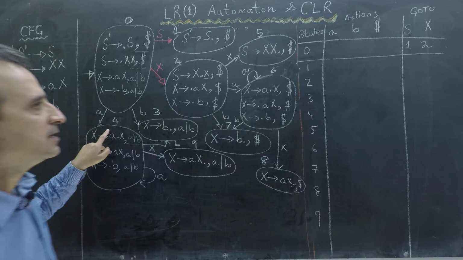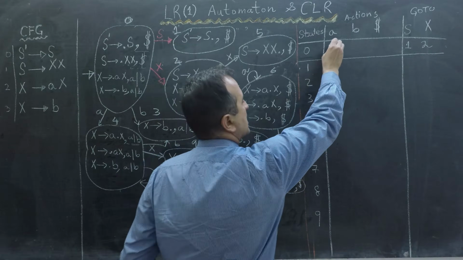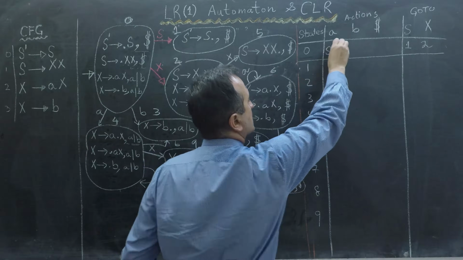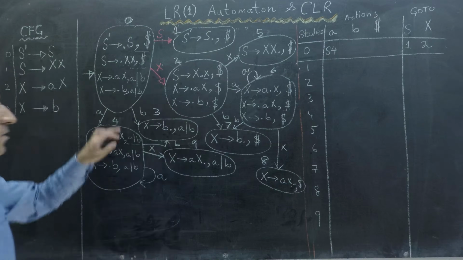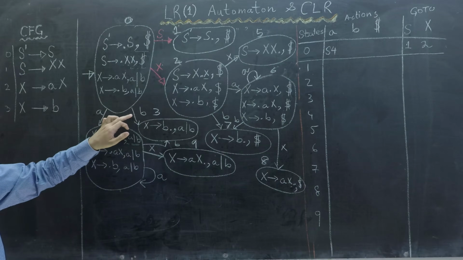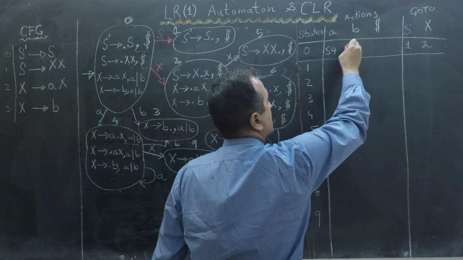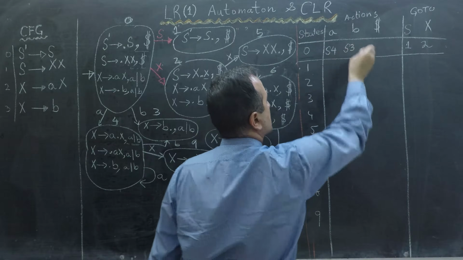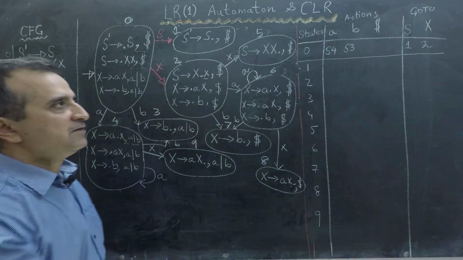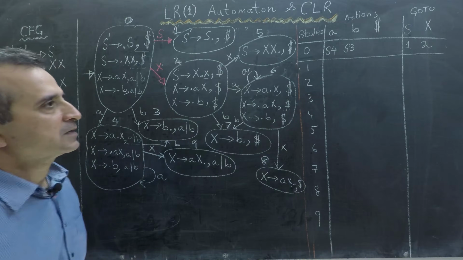So I will add here S4, and because on B I go to 3, I will add here S3. I'm done with my first row.